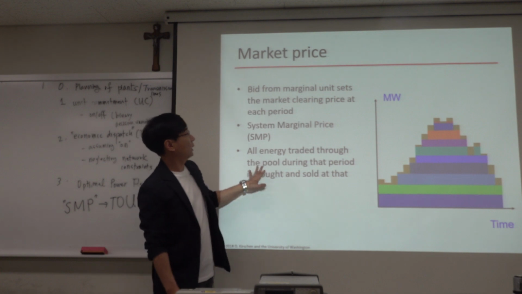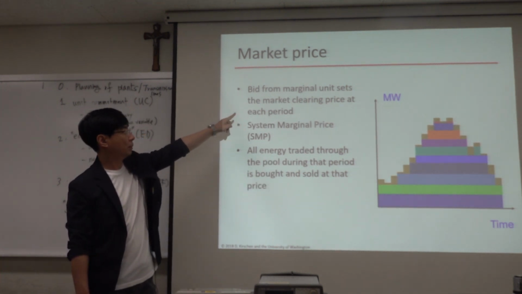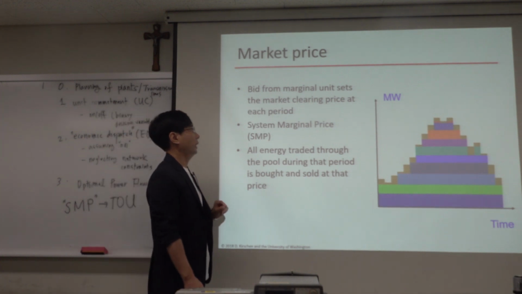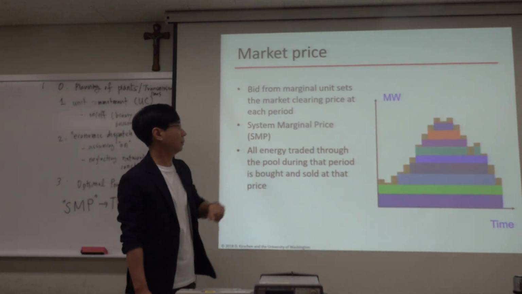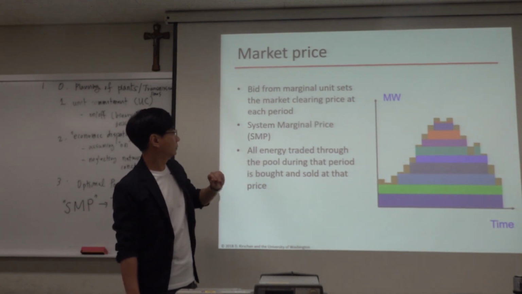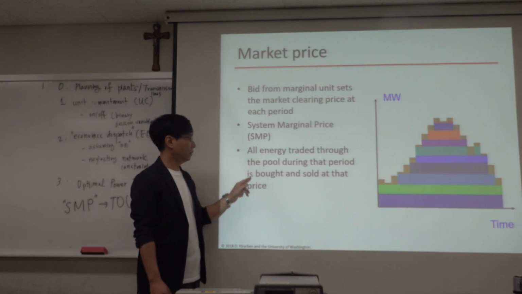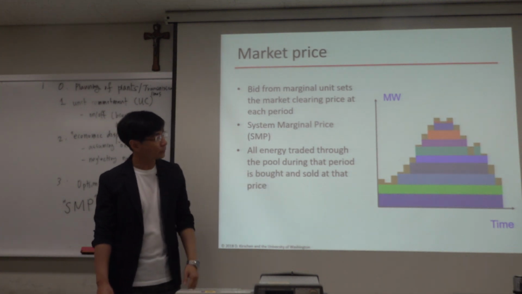And the market price, I already told you: the bid from the marginal unit sets the market clearing price at each period. That is called system marginal price, SMP. And all energy traded through the pool during the period is bought and sold at that price.